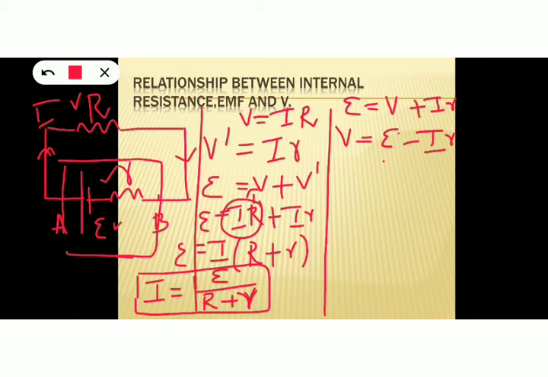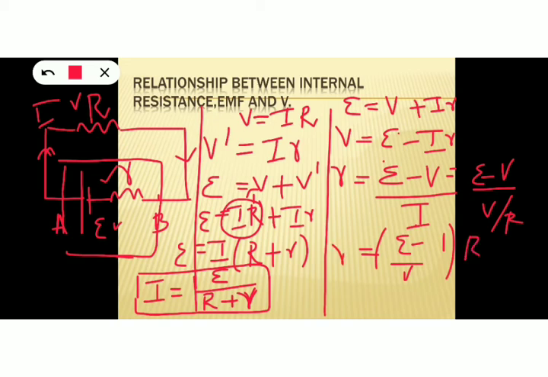Okay. Then what is r from this expression? From this expression, r is equal to E minus V by I. If you want, you can substitute I is equal to V by R here.